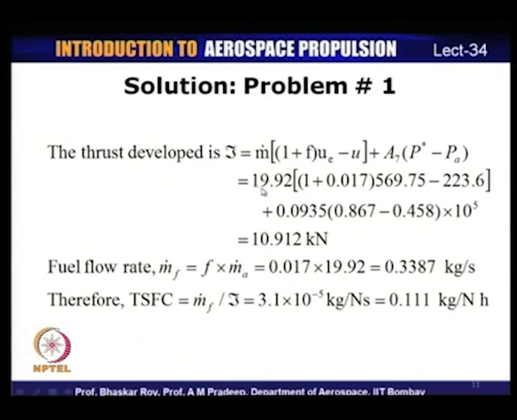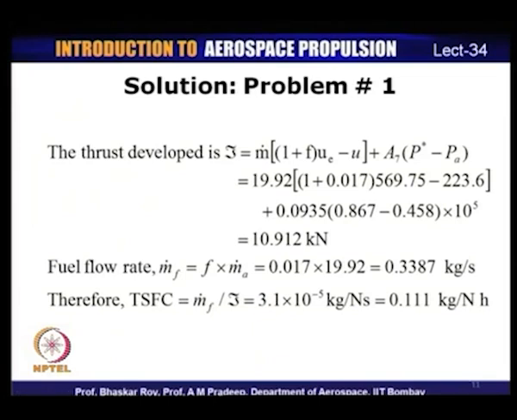So, mass flow rate is 19.92, multiplied by (1 plus f, that is 1 plus 0.017) into U E, that is 569.75 minus 223.6, plus A7, that is 0.0935, into (P star 0.867 minus 0.458) into 10 raised to 5. So, this comes out to be 10.912 kilonewtons.